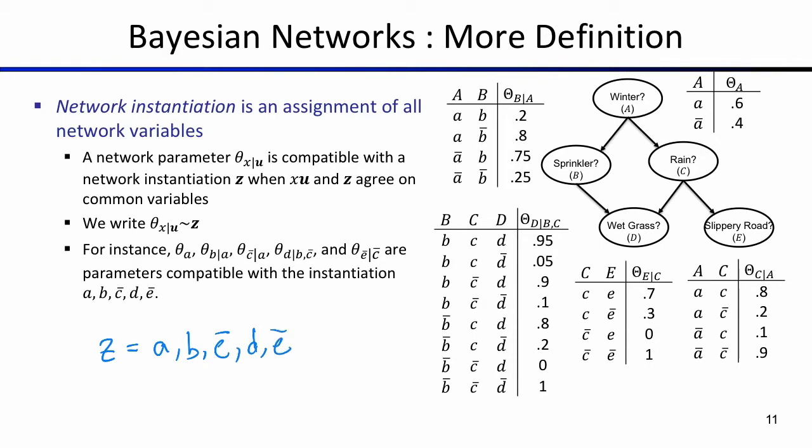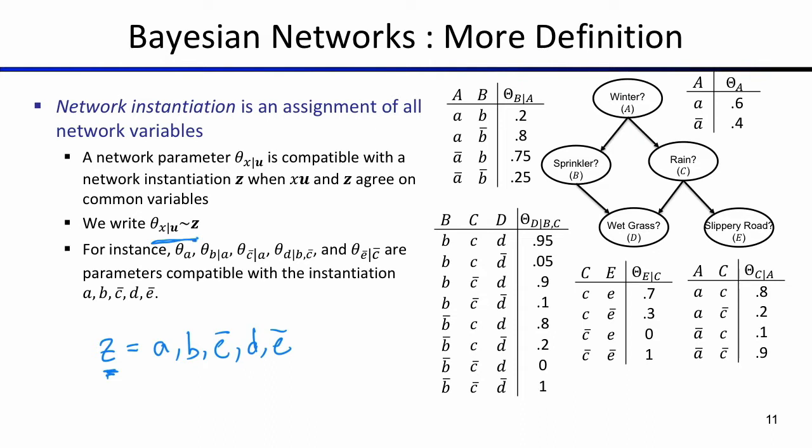If we do that, we are specifying the values for each of the conditional probability tables. We say that a certain network parameter is compatible with this instantiation if it agrees on the common variables. We haven't seen this definition before. We use this symbol, the tilde, to specify that it is compatible.